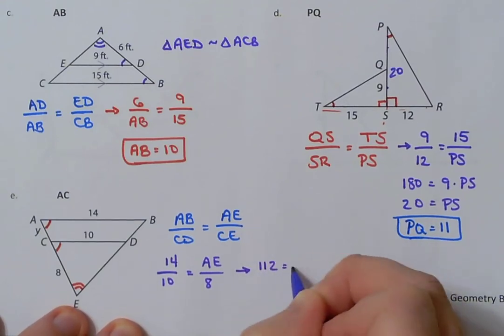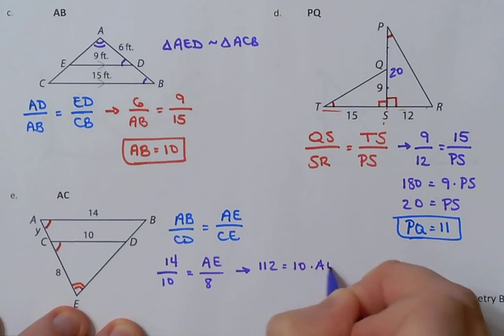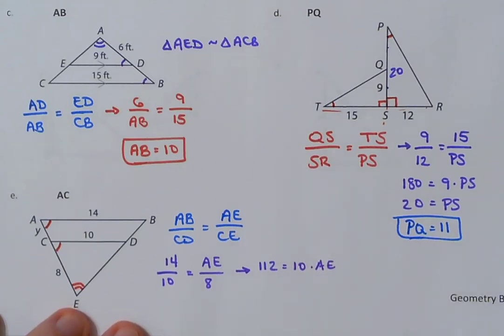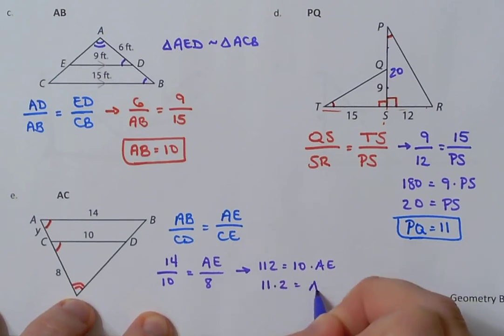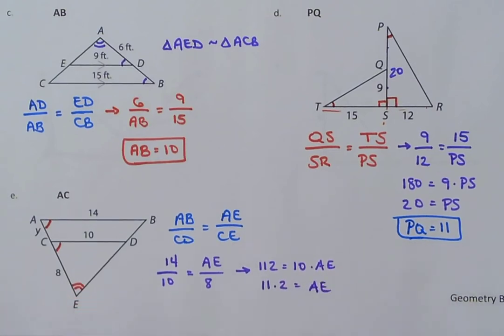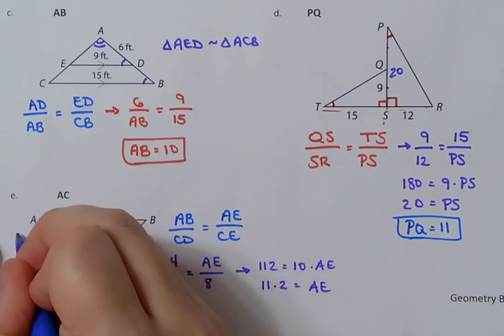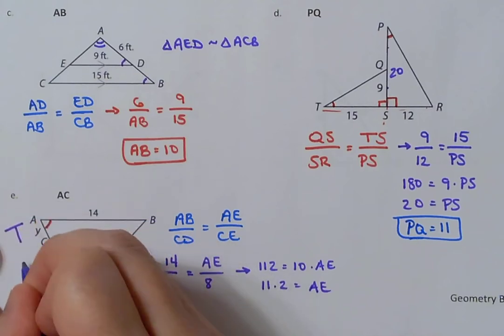And then that's going to equal 10 times AE. If we divide 112 by 10, we're going to get 11.2 for AE.